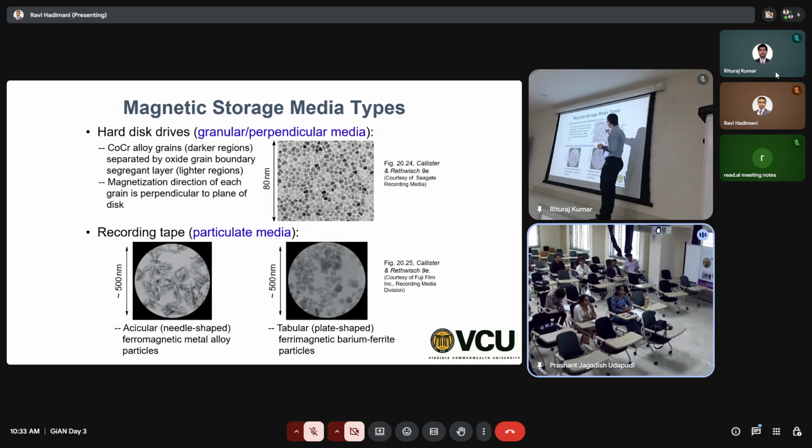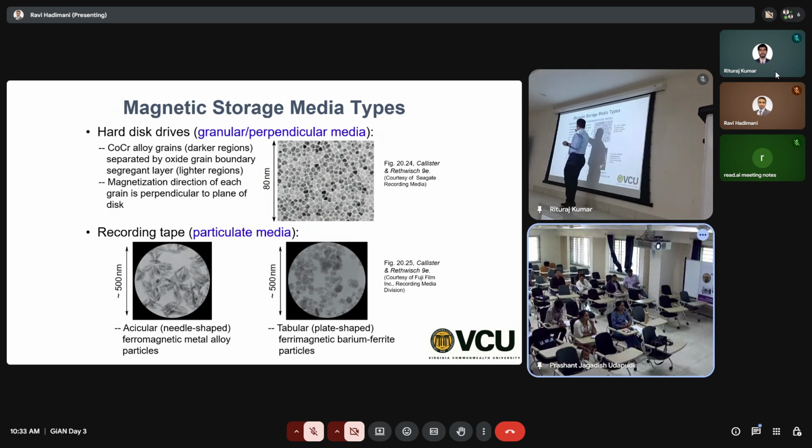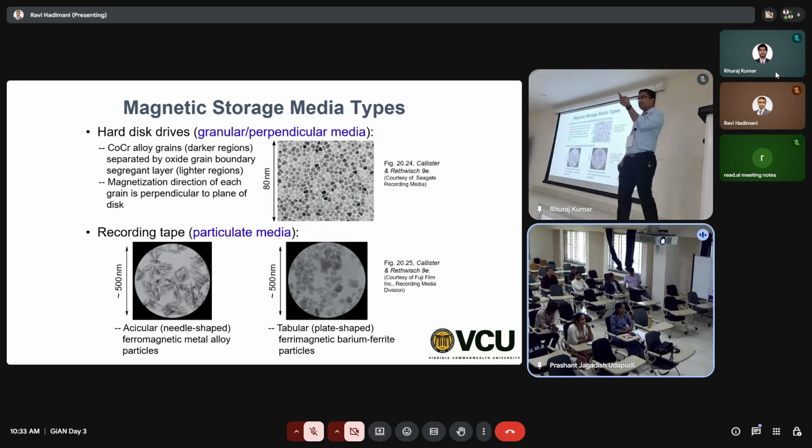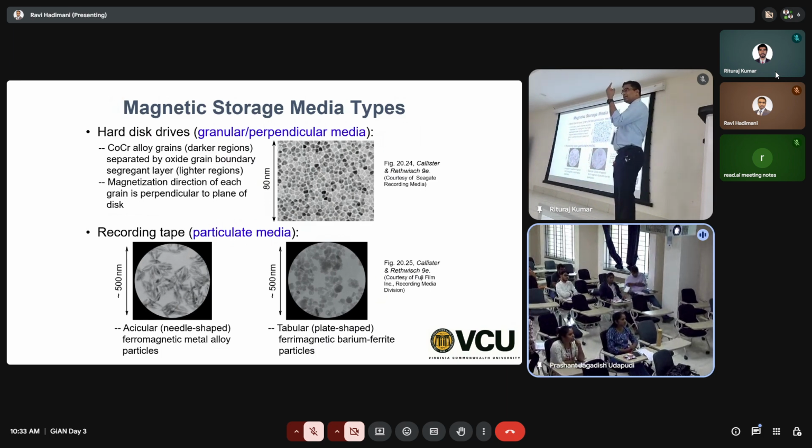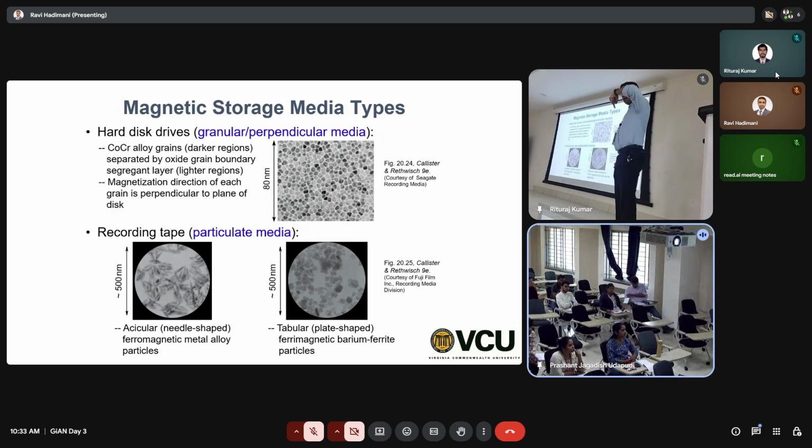So you don't have the option to make oxide grains there. You have all the grains that are magnetic in nature, and each magnetic grain is either magnetized in the up direction or the down direction. Okay?